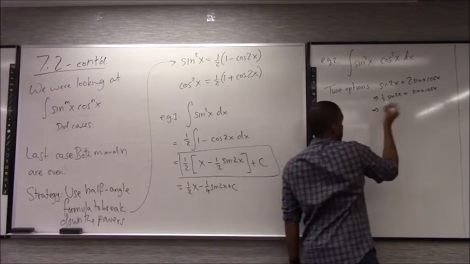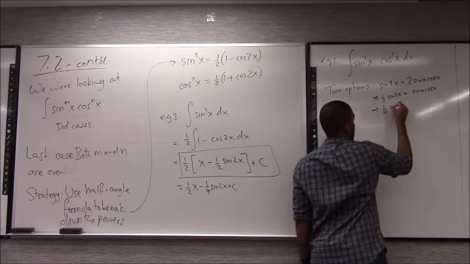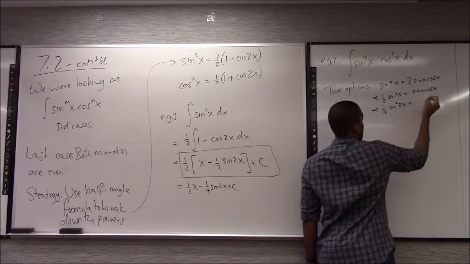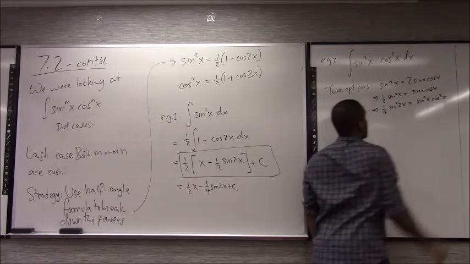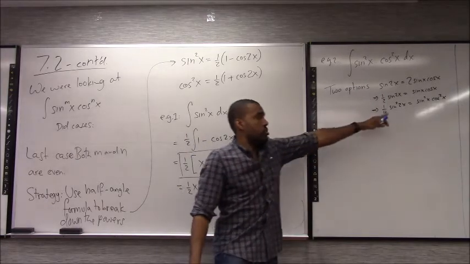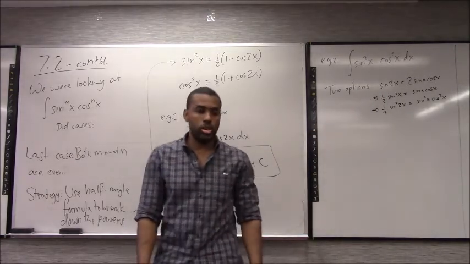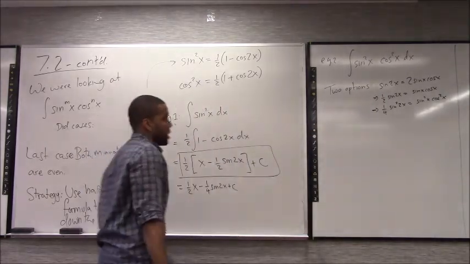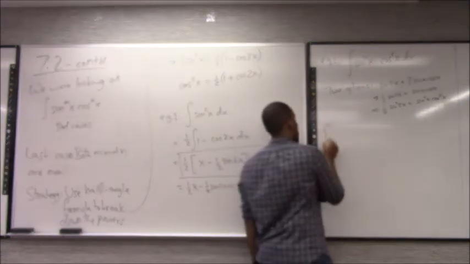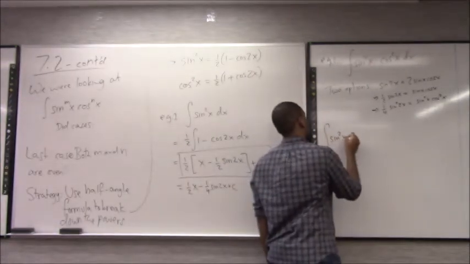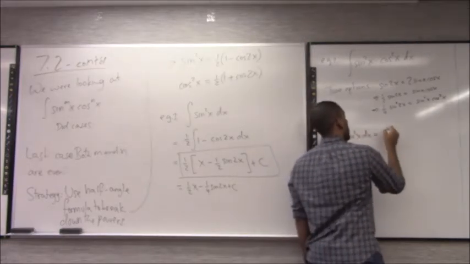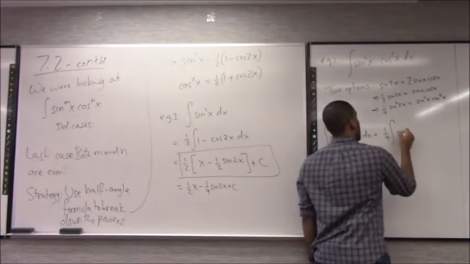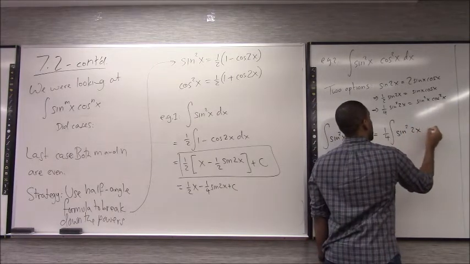Which means I could square both sides. And I know with that guy, I can actually rewrite it in terms of a single trig function, the sine function, and it would be squared. So I could say that sine squared cosine squared is going to be equal to 1/4 times sine squared 2x dx.